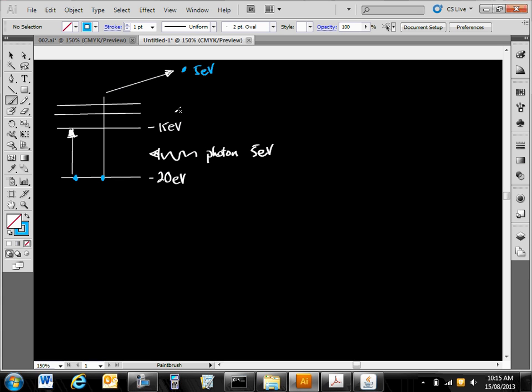How could I measure that? I'm firing in photons with 25 eV of energy, and I know the work function of this atom, because this is just an idea of an atom, an energy level of an atom.